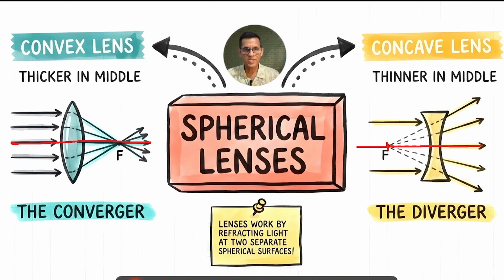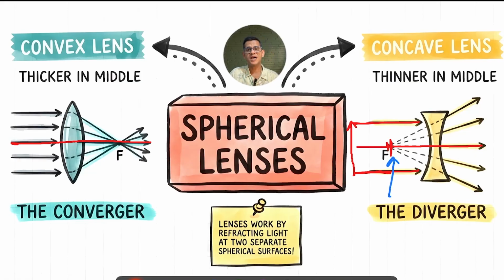So these are the two diagrams I was talking about. If I place an object at infinity of a concave lens, the light rays traveling parallel to the principal axis from the object will appear to diverge from the focus, and the image of this object will be formed at focus.